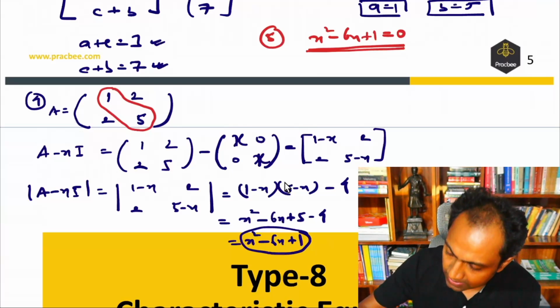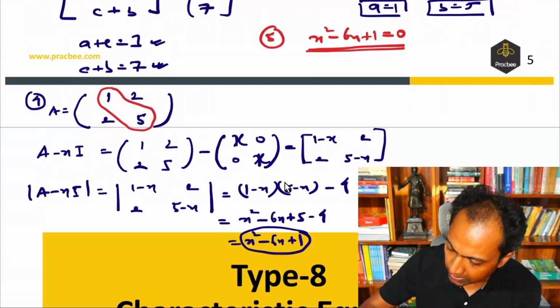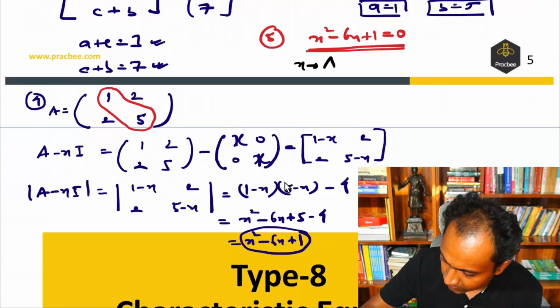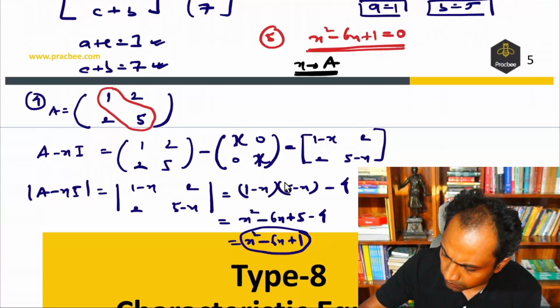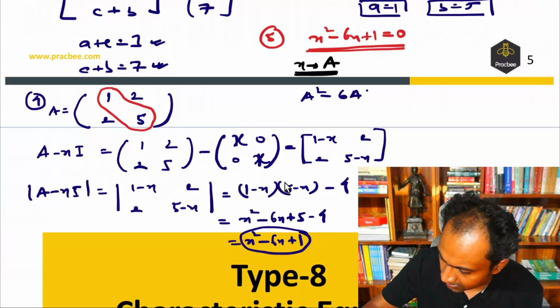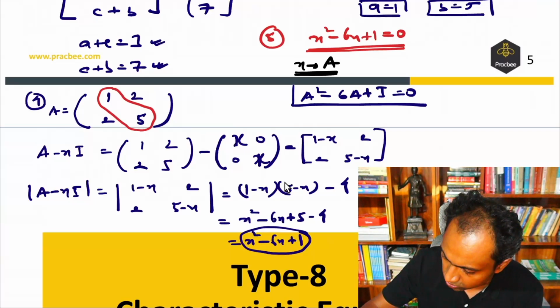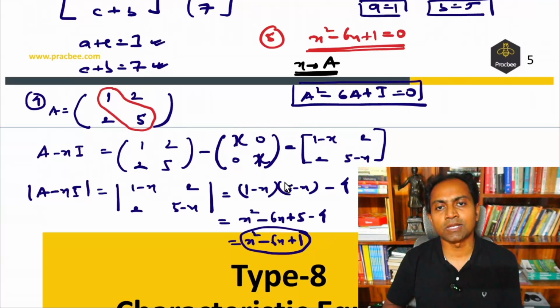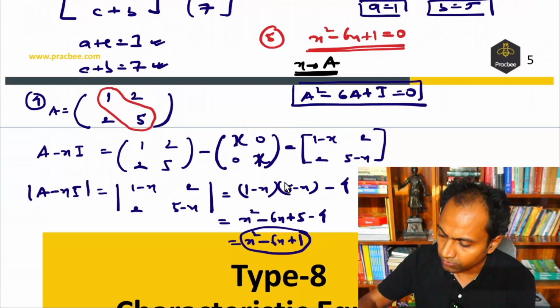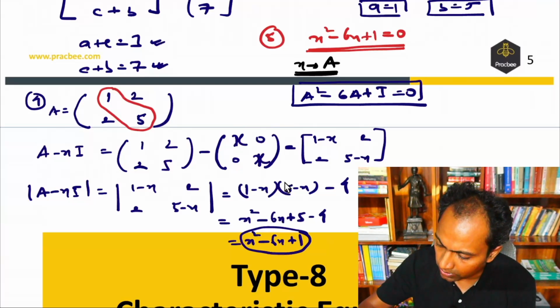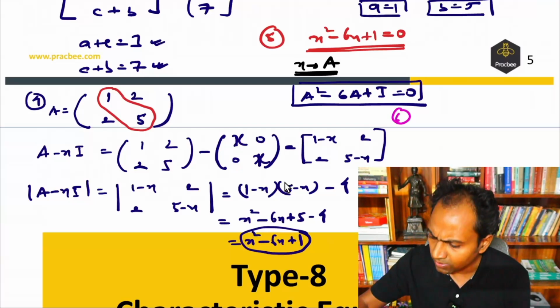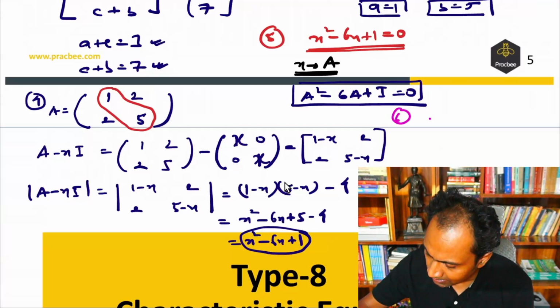What they are saying is, in the Cayley-Hamilton equation, if I just replace x by A, we are going to get an equation that looks like this: A square minus 6A, and instead of 1 write I, is equal to 0. So, this will also be true. This is known as the Cayley-Hamilton equation. Now, from here, in order to get to a final answer, in the sixth part we are going to multiply with A inverse on both sides.